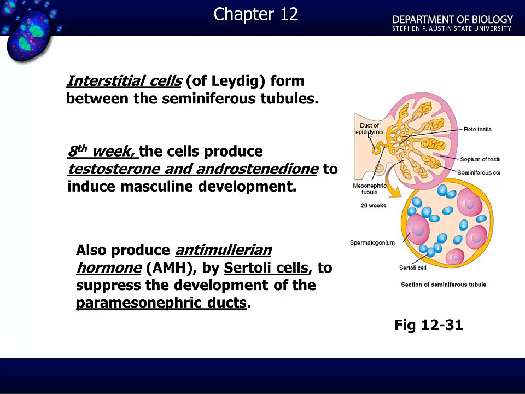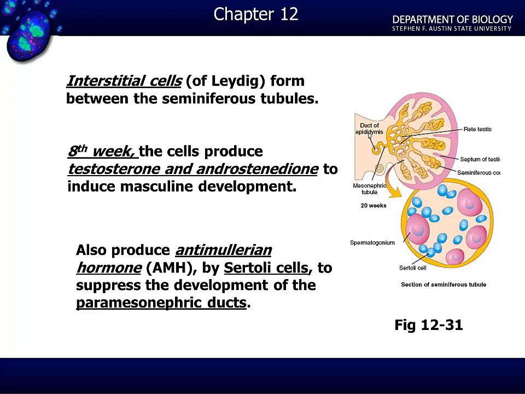Well, there is a second duct that follows along with the mesonephric duct. It's called the paramesonephric duct, and this is going to give rise to the female genital tract, and so that we have to turn off. Now, another name for this paramesonephric duct is the Müllerian duct, and so that makes a little bit more sense as we talk about the anti-Müllerian hormone. We have to shut that down.